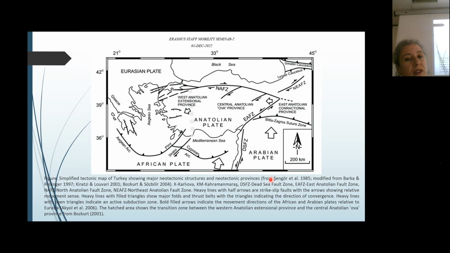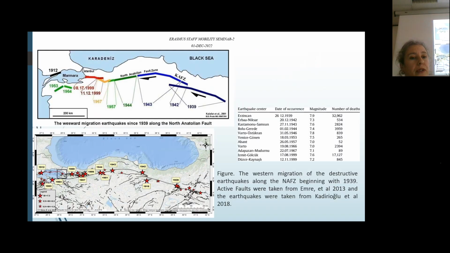So we are right between these activities and capable faults that work on the area. For the North Anatolian fault zone, we are always talking about the biggest Istanbul earthquake that will happen.